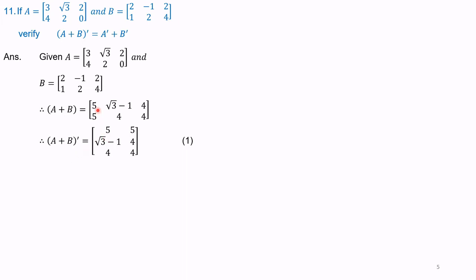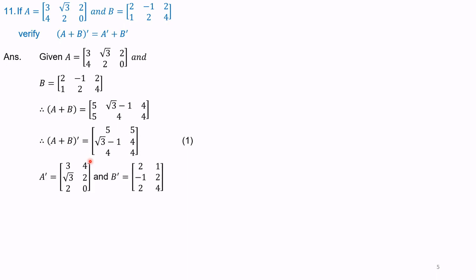Therefore, the row is converted into a column. Hence, we have written 5, root 3 minus 1 and 4. That is, row is written as a column. And similarly, for the second row, it is 5, 4 and 4. Hence, we have transposed A plus B.